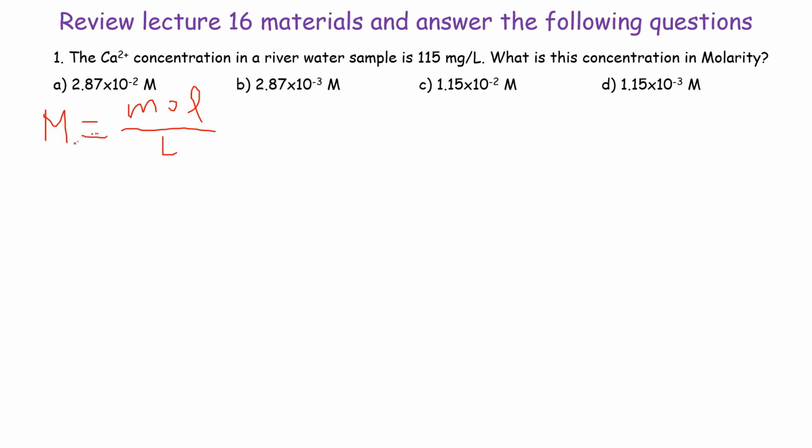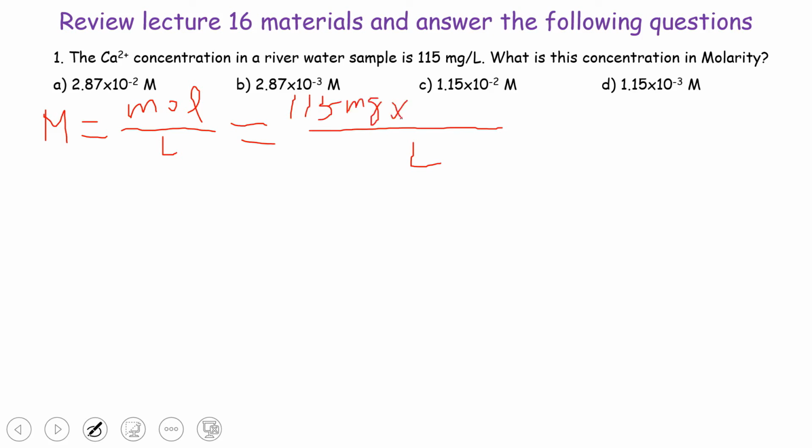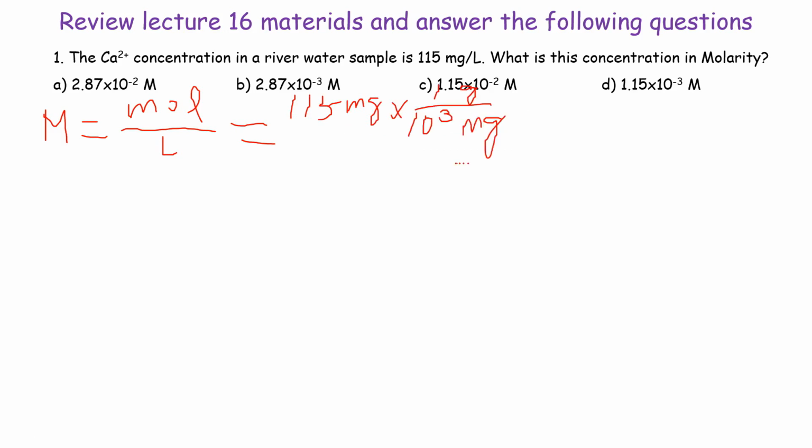I'm going to continue with this equation right here. Okay, so I'll place liter on the bottom, and then on top should be 115 milligrams, converting from milligrams to grams.